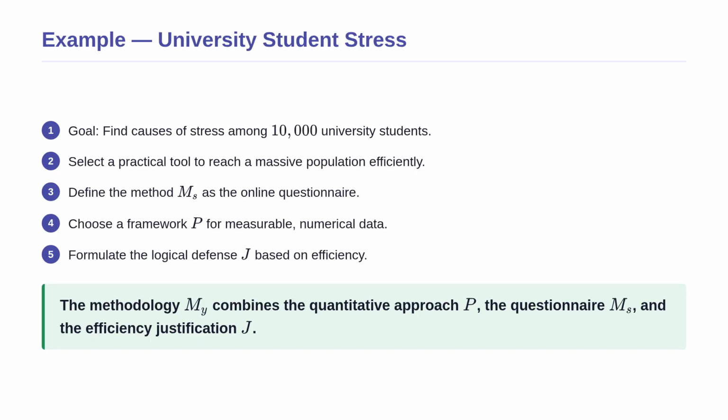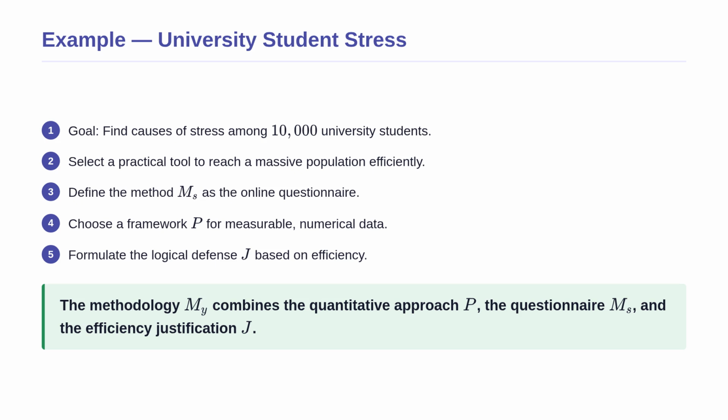Now that we have our conceptual formula, let us apply it to a real-world example. Suppose you want to find the primary causes of stress among 10,000 first-year university students. First, we identify our goal and realize we need to gather data from a massive population. We select a practical tool that can reach these students efficiently, which gives us our method, the online questionnaire.